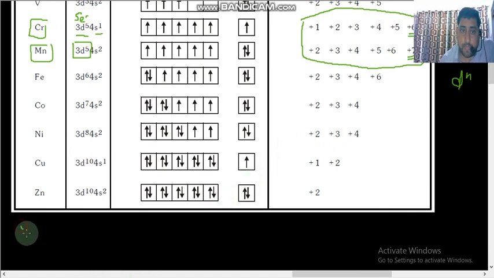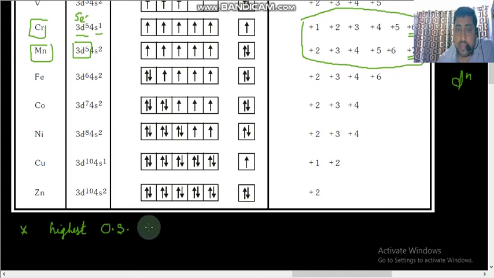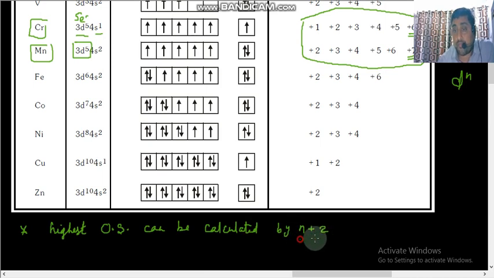Now the highest oxidation state of a transition element can be calculated by n plus 2, where n is the number of unpaired electrons in the d subshell.